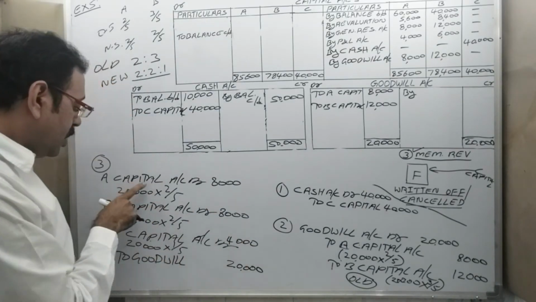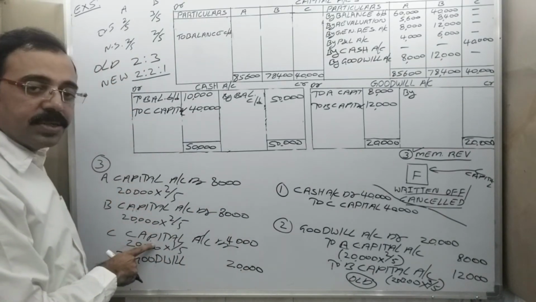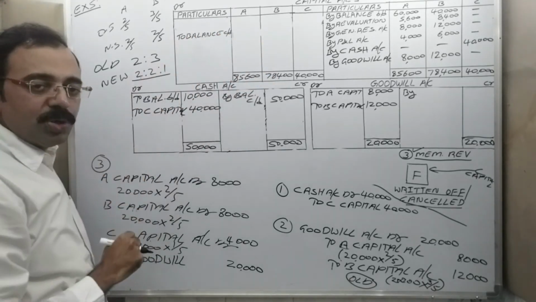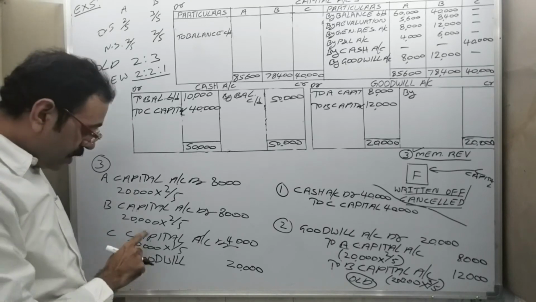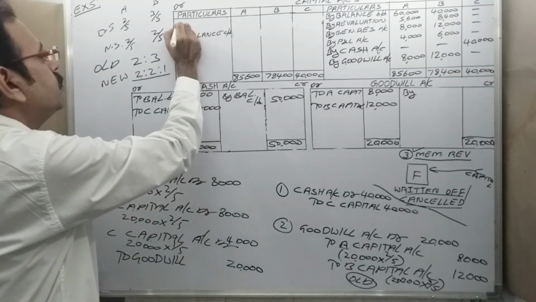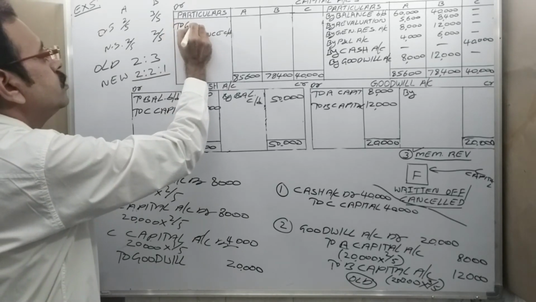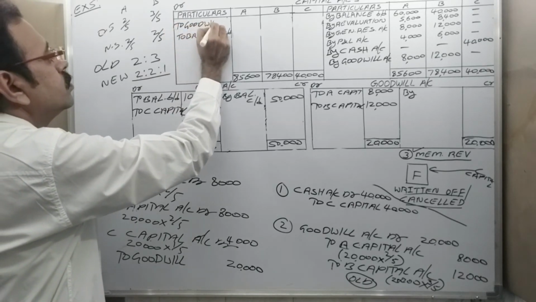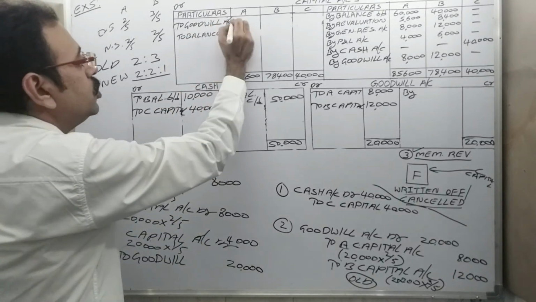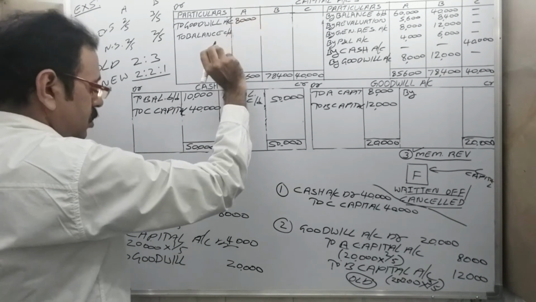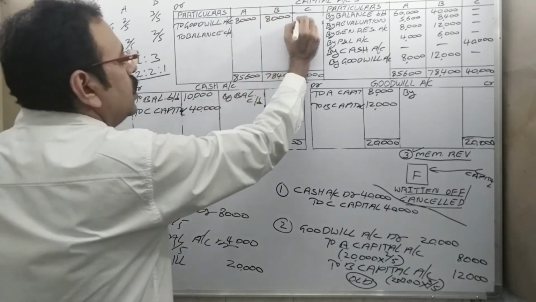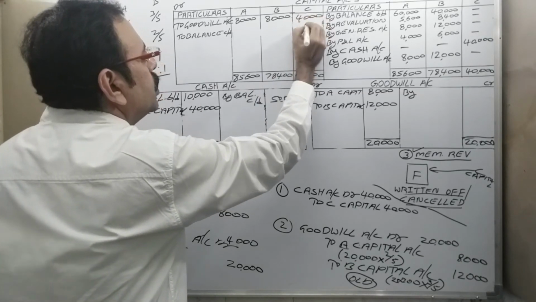Third entry, capitals are in debit, therefore in capital accounts debit side we should post. What to write? Credit side we wrote goodwill now, write down that account name. To goodwill account, A 8,000 rupees, B 8,000, C 4,000 rupees.